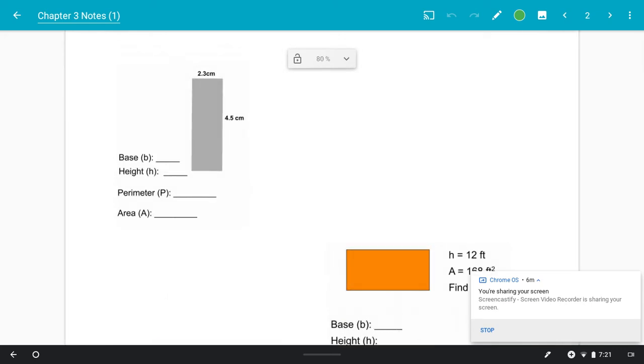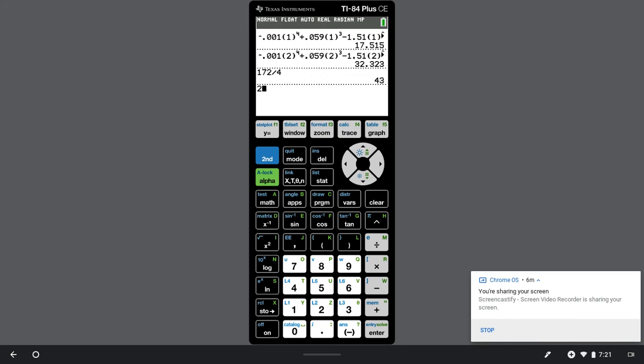Next one, these ones have decimals. They're kind of ugly, but the base would be 2.3. The height would be 4.5. The perimeter would be 2.3 plus 2.3 plus 4.5 plus 4.5. So let's put that in a calculator. 2.3 plus 2.3 plus 4.5 plus 4.5 is 13.6.